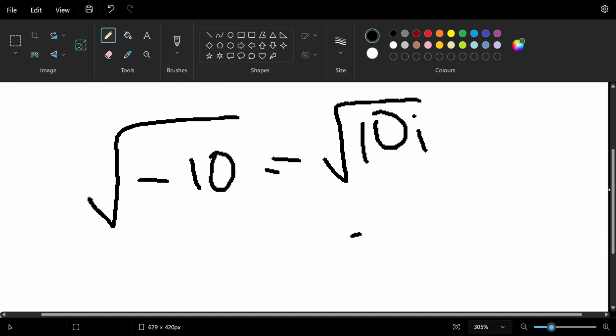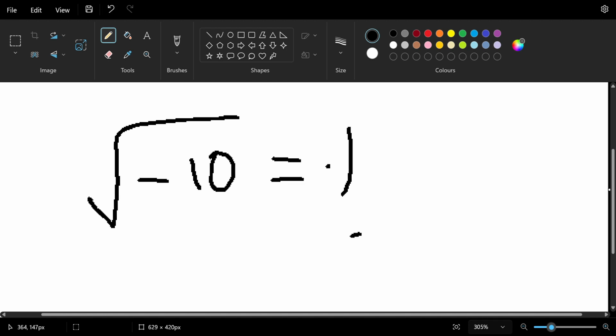Get that? Because we can multiply it. So the square root of negative 10 is the square root of 10 times i. That was the hidden dimension.